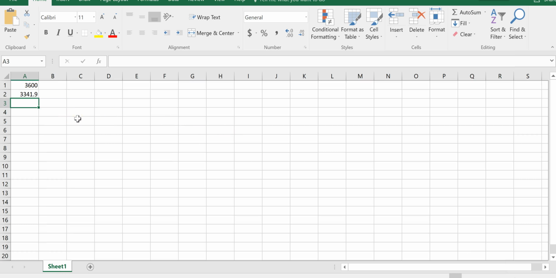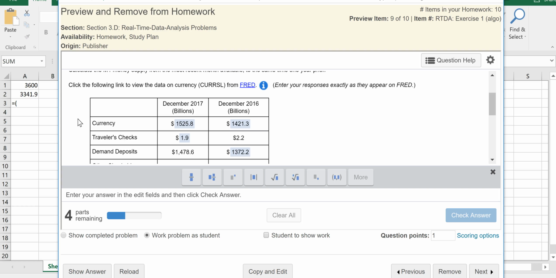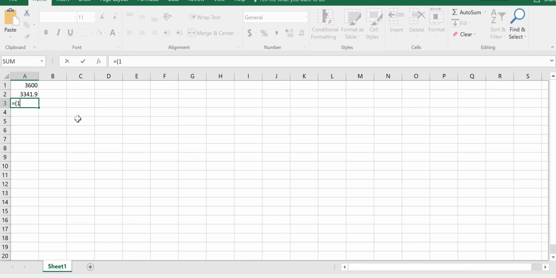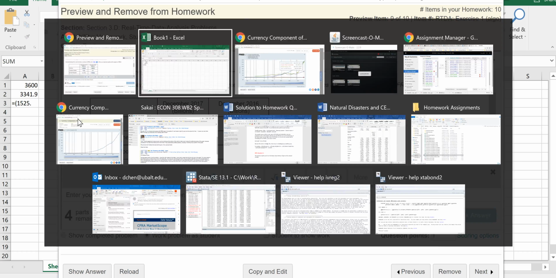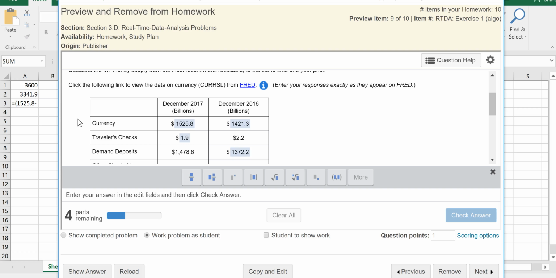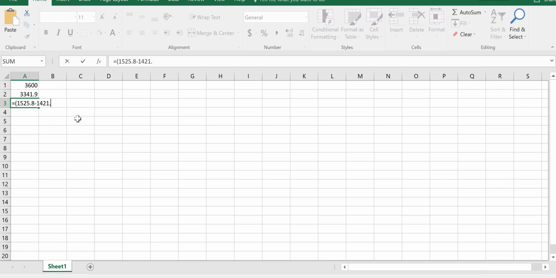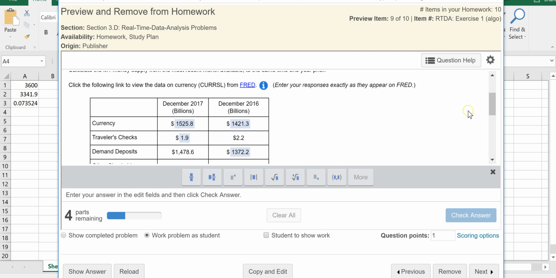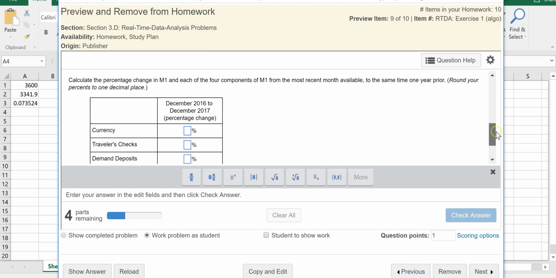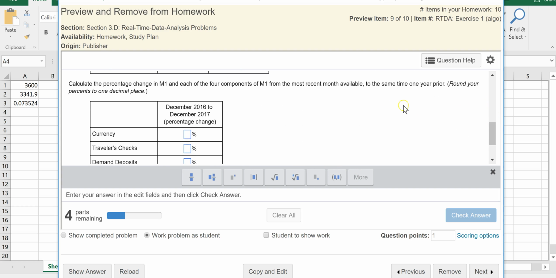So we can just calculate the percentage change in this way: 1525.8 minus 1421.3 over 1421.3. That will give me 7.35%.